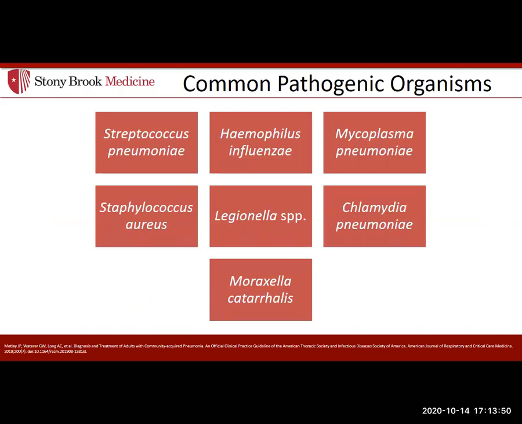I also wanted to note some of the atypical organisms that I have listed here, such as Mycoplasma pneumoniae, Legionella species, and Chlamydia pneumoniae. And the presence of atypical organisms as common pathogenic organisms guides our selection of antibiotic therapy as well. Finally, we should recall that besides these bacterial organisms, the influenza virus is also a common cause of CAP as well.